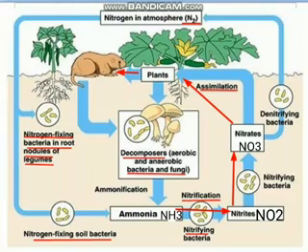They convert this nitrogen back into ammonia, and this process is called ammonification. So in ammonification, the nitrogen present in dead plants and dead animals or their waste products is converted back by decomposers into ammonia, and this process we call ammonification.